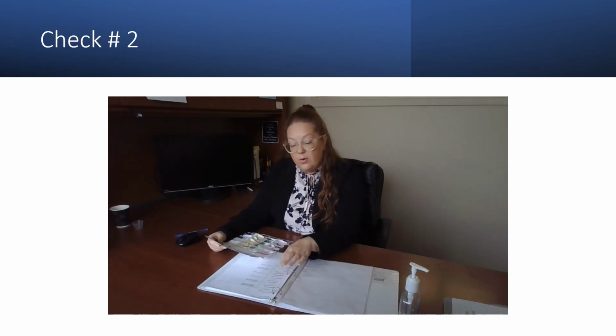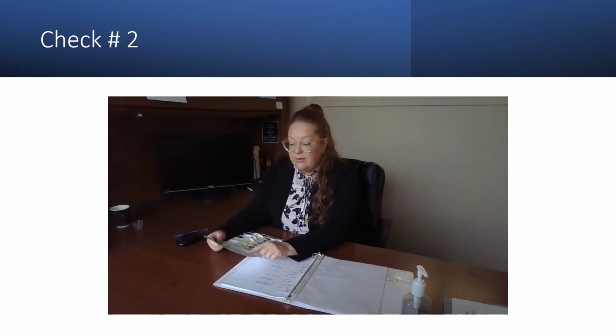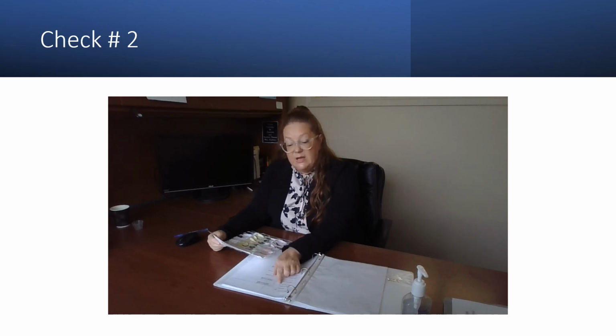Starting with med number 1, you'll make sure it's the right med, metformin 500 milligrams, the right route, by mouth, the right dose, 2 tabs, the right time, 8 a.m., and the right reason.